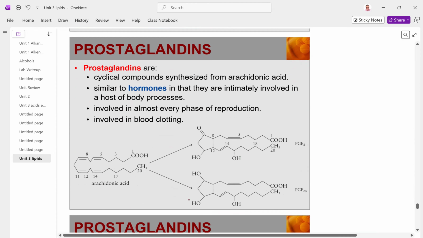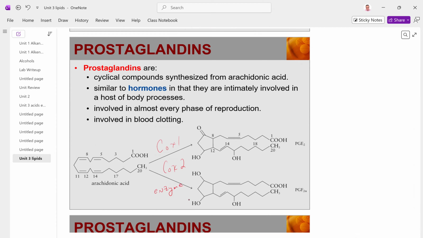Now, prostaglandins are another interesting molecule. You take omega-6 arachidonic acid, which is one of the acids you need to know, and in the presence of a COX-1 or COX-2 enzyme, COX stands for cyclooxygenase, it'll produce a prostaglandin.